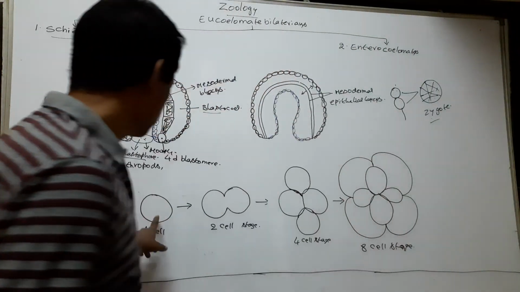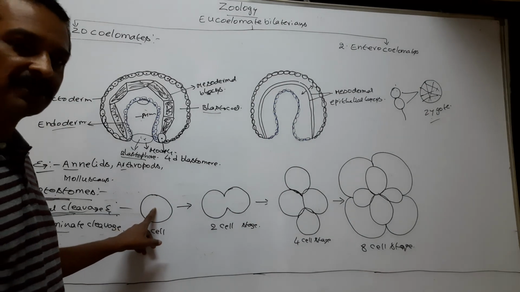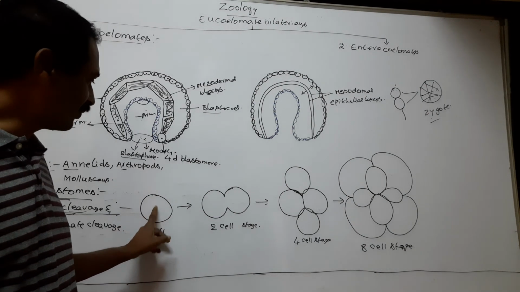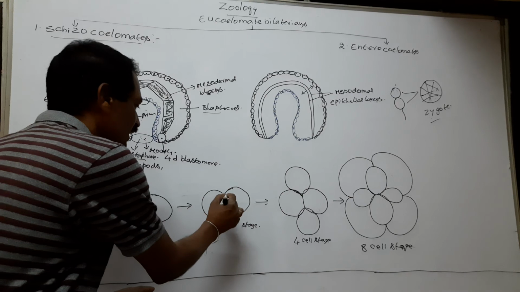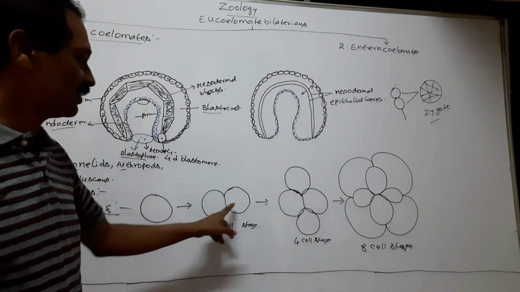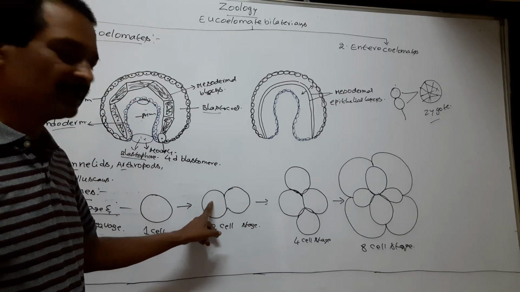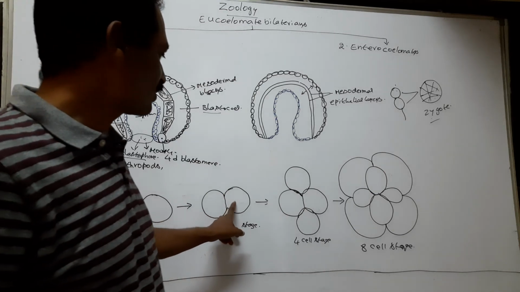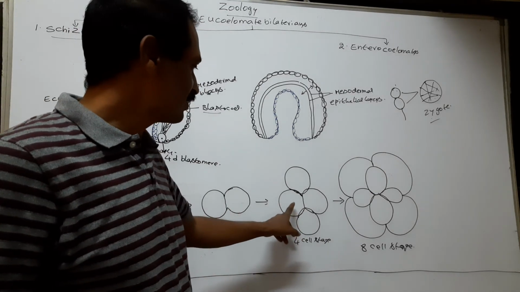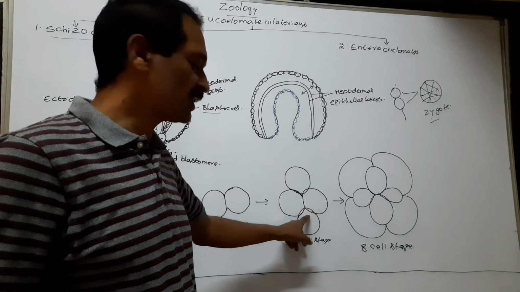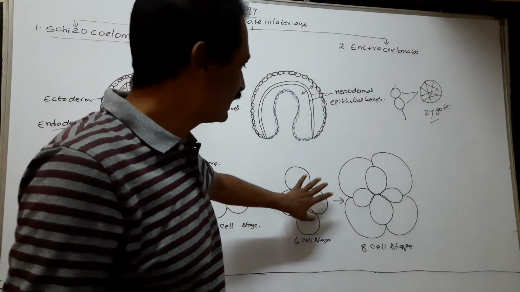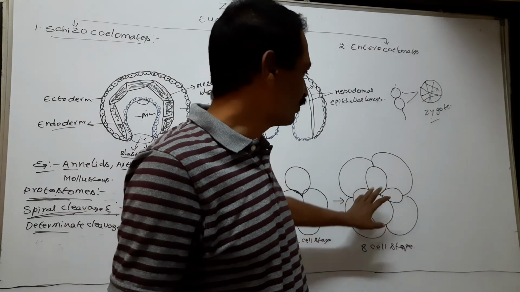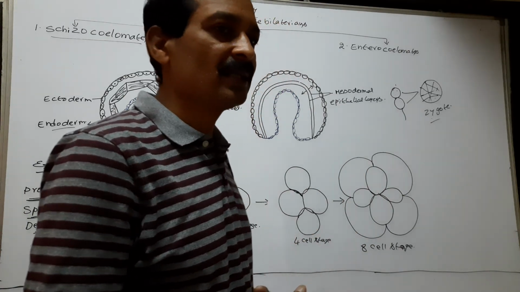So this is the single cell stage zygote. This zygote divides into 2 cells. This is the 2 cell stage. The 2 cells undergo divisions to form 4 cells. These 4 cells divide and produce a total of 8 cells.